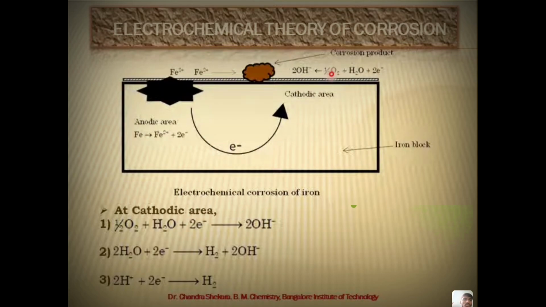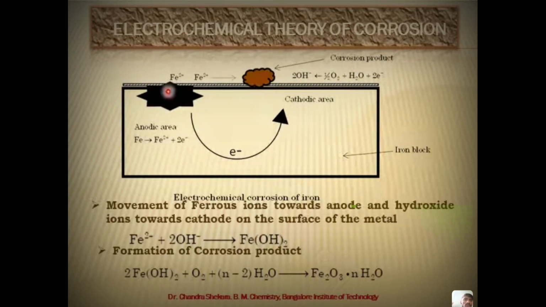In the absence of oxygen, when the metal is exposed to only water, water is reduced directly to H2 and OH-. Under acidic condition, H+ ions which are present on the surface of the metal at the cathodic area get reduced to hydrogen gas. These are three possible cathodic reactions that occur on the surface of the metal.